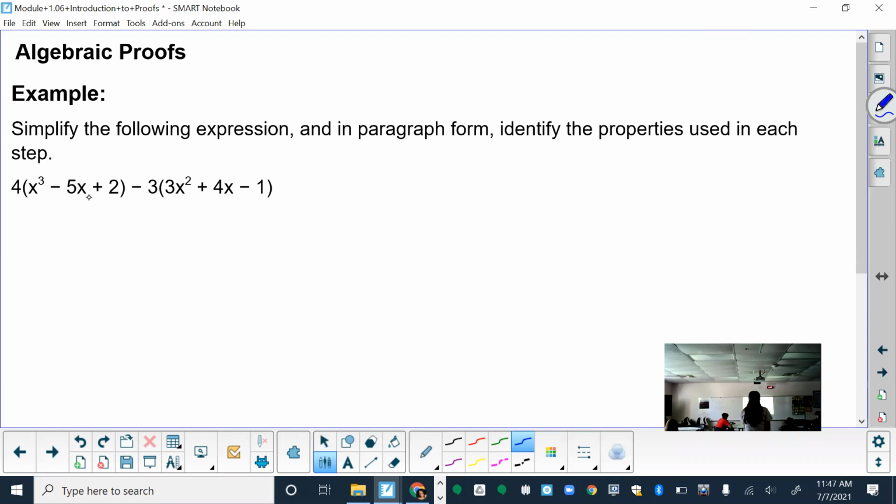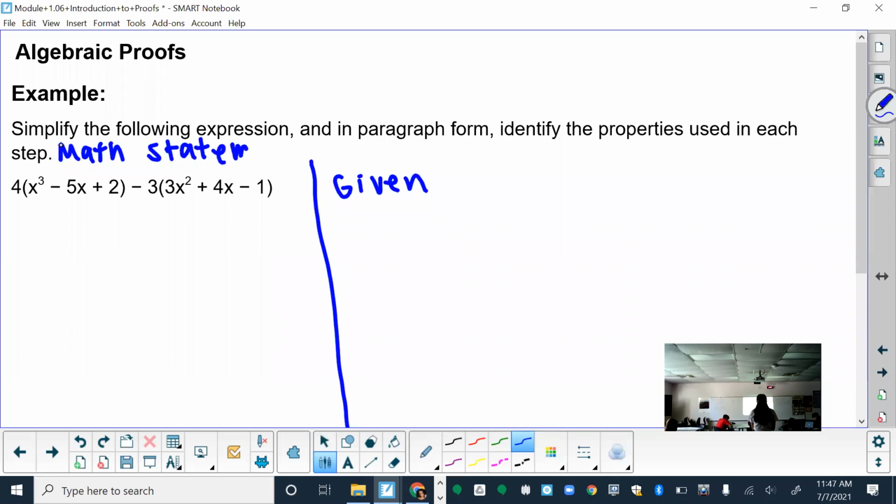Here's what I'm given. Like I said, usually the first justification or reason is given to you. On the left are your math statements. On the right is your justification or reason.